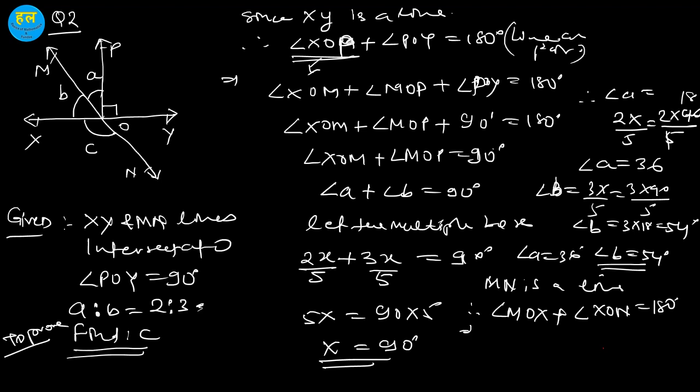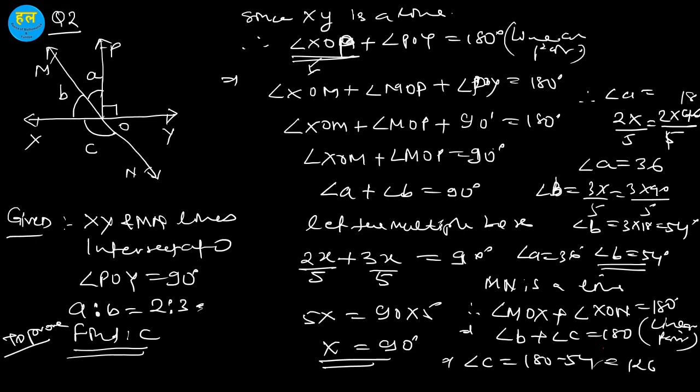That means angle B plus angle C is equal to 180 degree from linear pair, so angle C is equal to 180 minus 54 is equal to 126 degree. So angle C is equal to 126 degree. Hence proved.